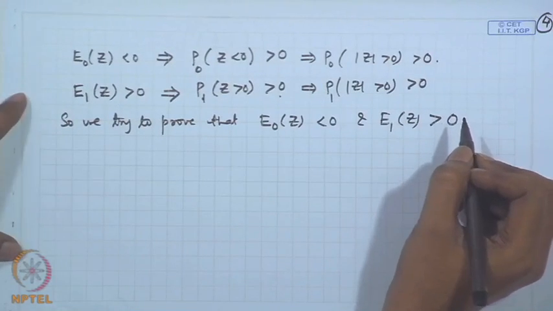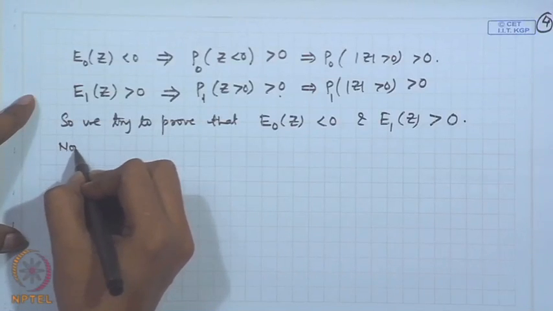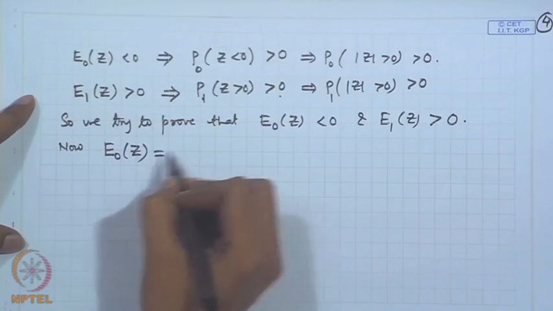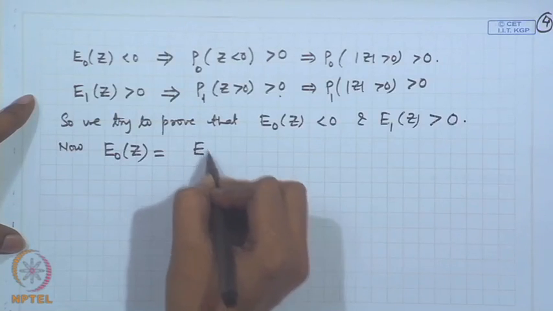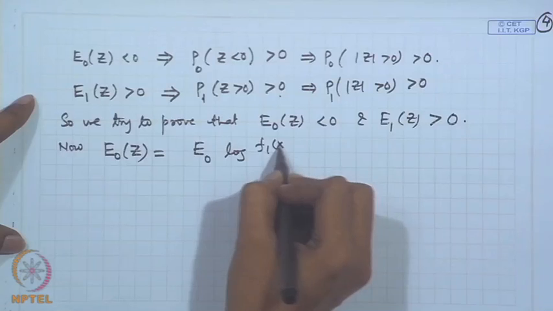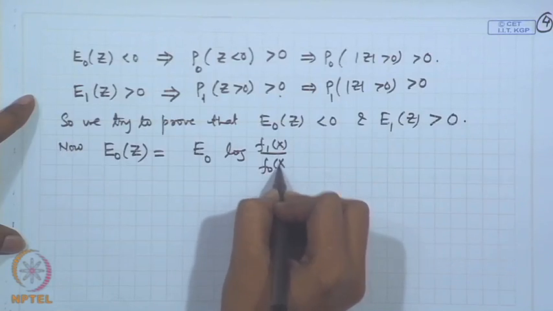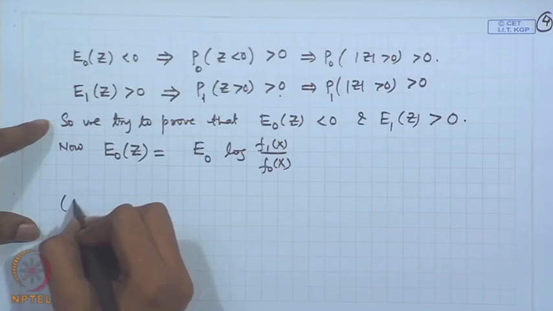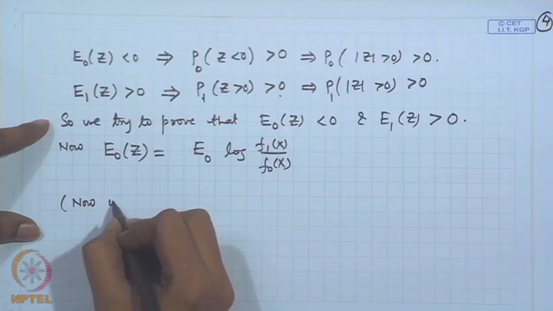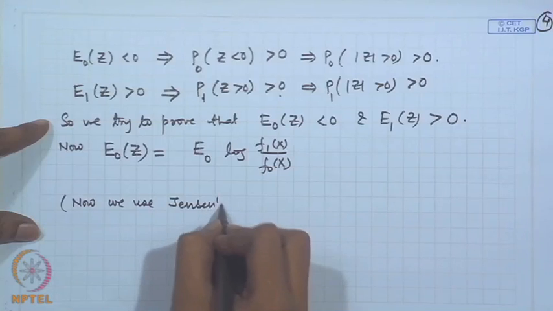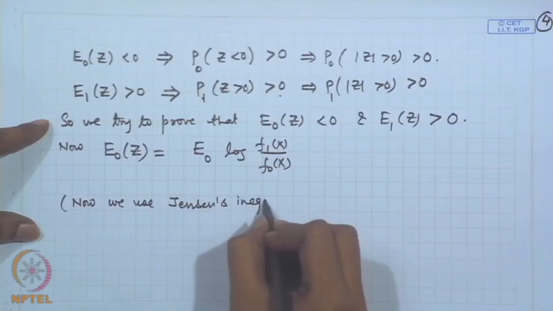Now, let us look at these quantities. What is expectation of z under H naught? That is equal to expectation of log of f 1 x by f naught x. Now, we use Jensen's inequality.